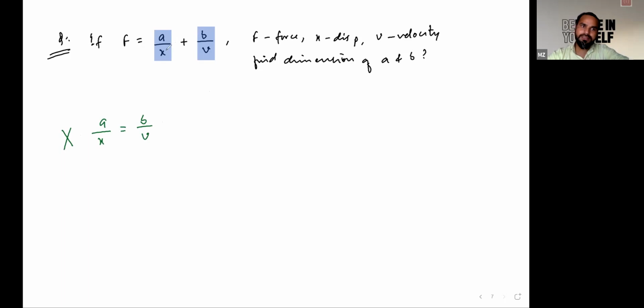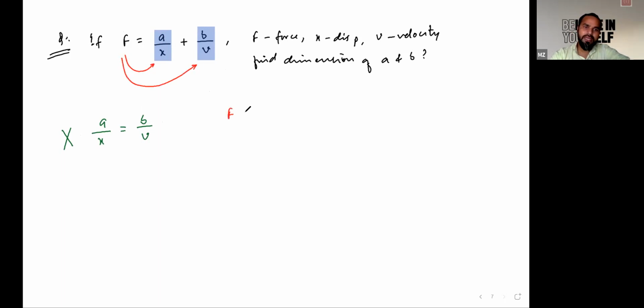Next part is F is equals to this part and this part. Again, principle of homogeneity tells you if a quantity is equals to some different term, this particular quantity would have same dimension as this. And similarly, this quantity would have same dimension as this part as well.